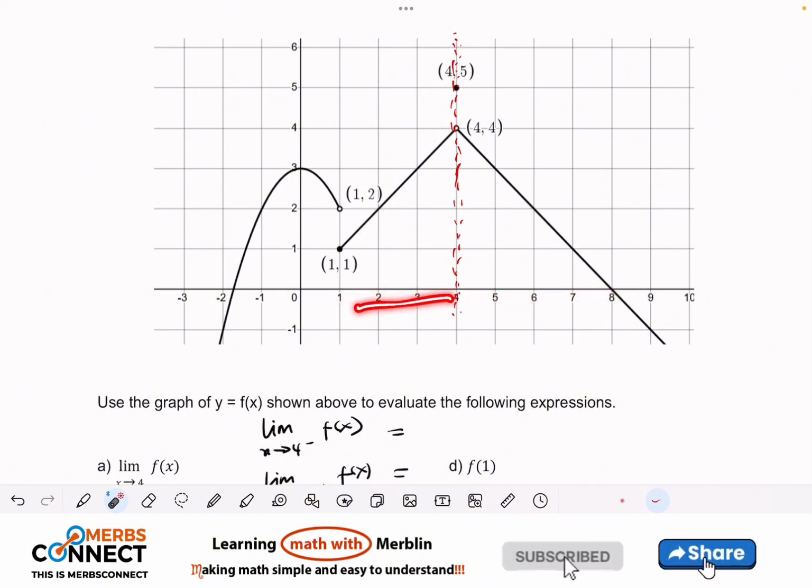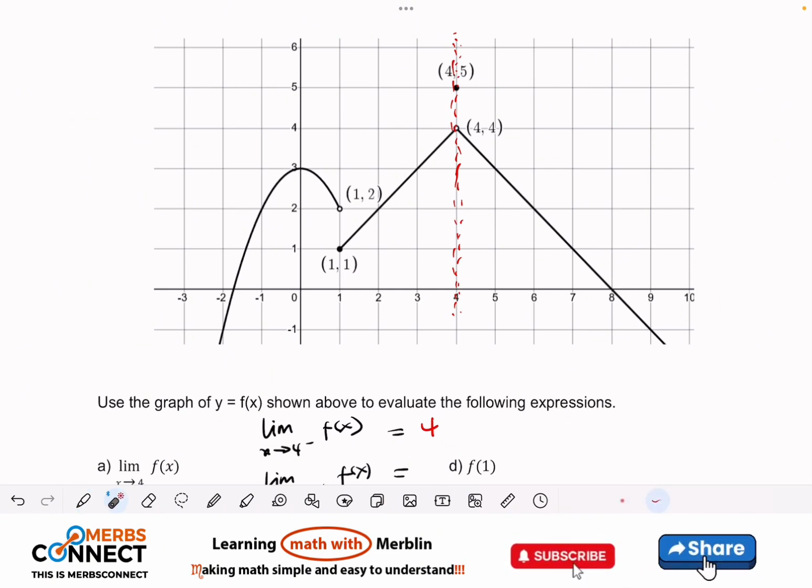On the left side, there is a graph moving towards this line. When I get to this line, I trace it to the y-axis, and this gives me 4. So we are going to have 4, right?